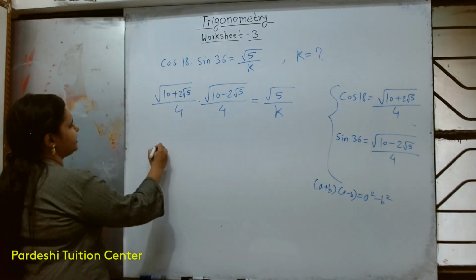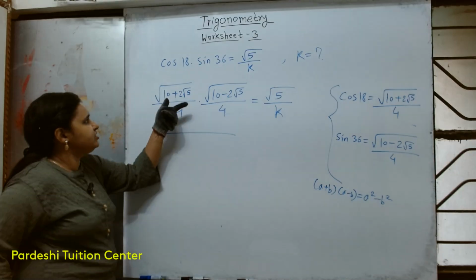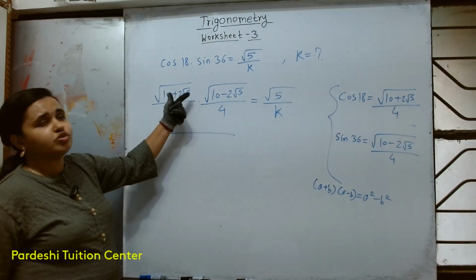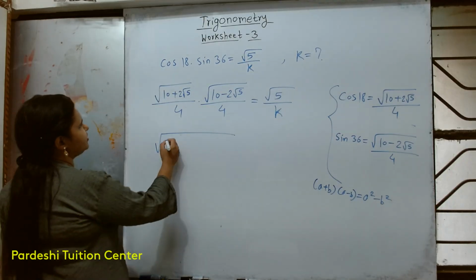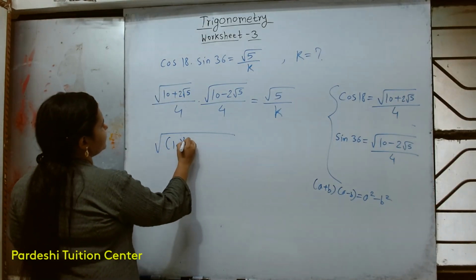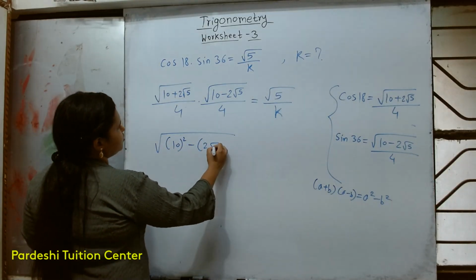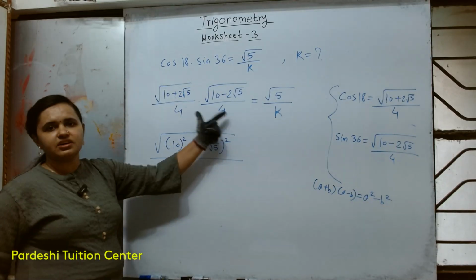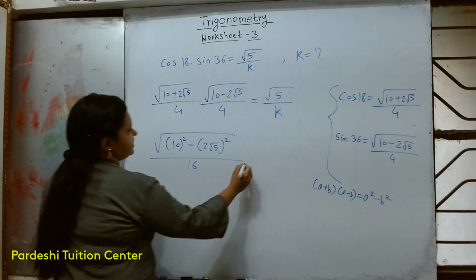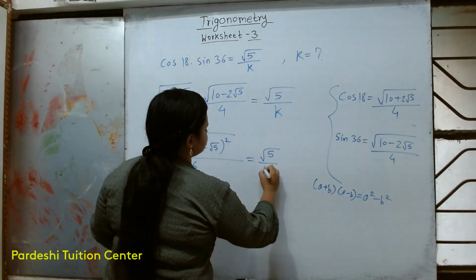So we take 10 and 2 root 5 as a and b, and it is a square minus b square. So it will be 10 square minus (2 root 5) square, upon 4 fours are 16, equal to root 5 by k.